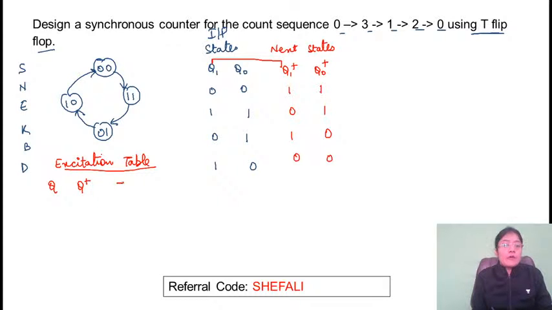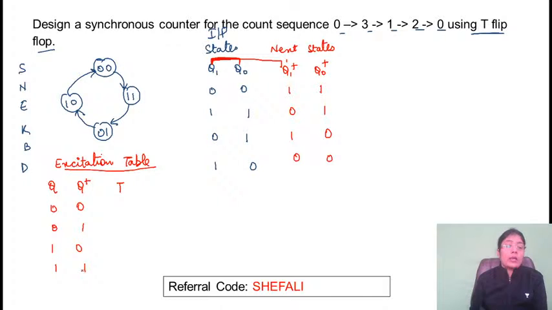If you are taking Q1, you cannot apply the excitation table on Q1 and Q0 together, because these are the outputs for the current state and these are the outputs for the next state. So its combination will be taken with Q1 and Q1 plus. Is the confusion cleared? Now 4 combinations are possible.